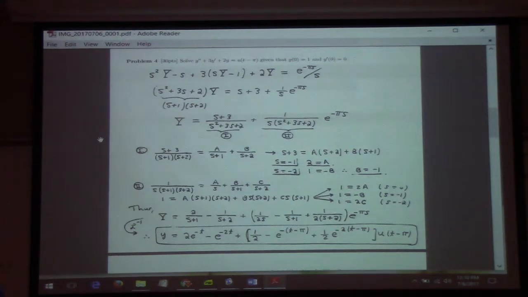In all years of differential equations, your year was not an exception. Then 2e^(-πs)/s is the Laplace transform of that guy. So I bring over my s, I add 3 to both sides, factor out my characteristic polynomial, then divide. I face two related but distinct partial fraction decompositions I need to figure out. The one for (s + 3)/(s^2 + 3s + 2), which works out to, did I?